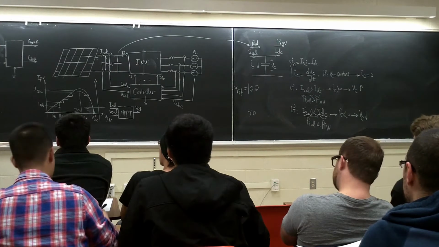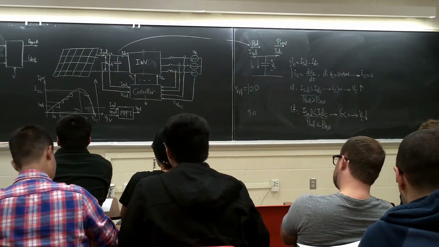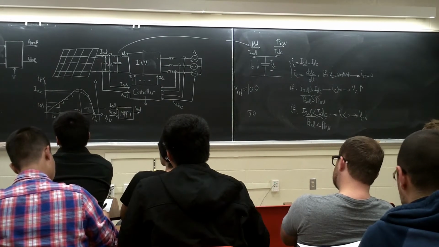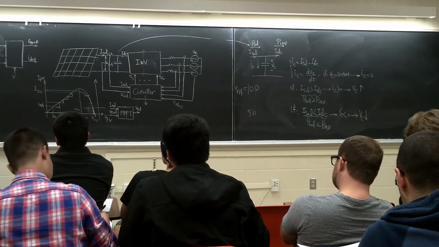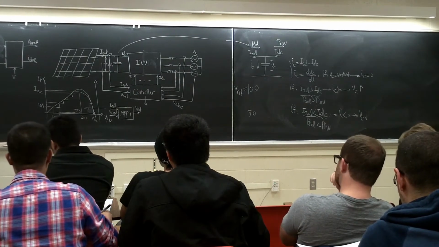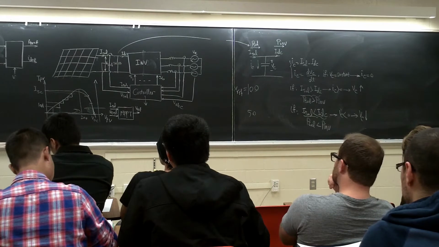Tell me now. This MPPT algorithm, we talked about it, is going to get the I solar and V solar. It's going to measure those values and tell us how much is the Vref, right?